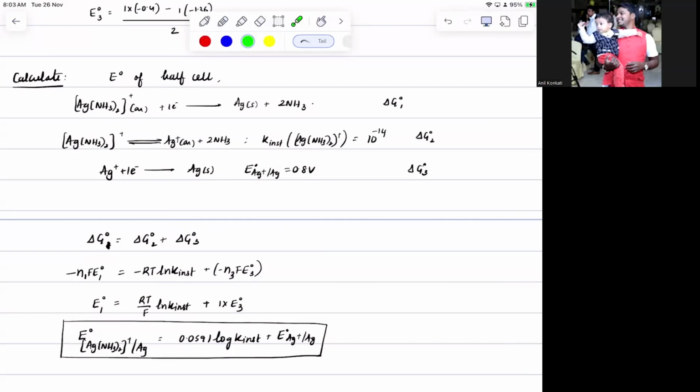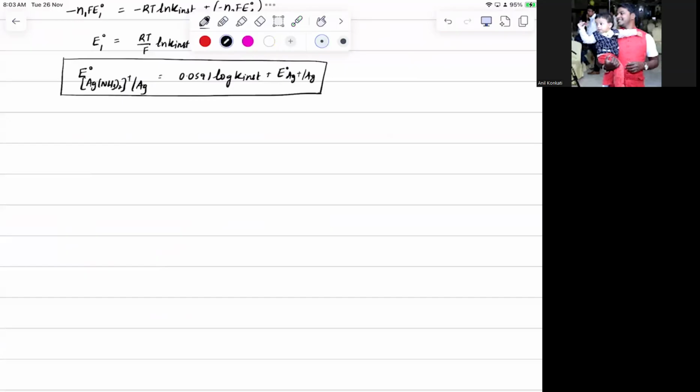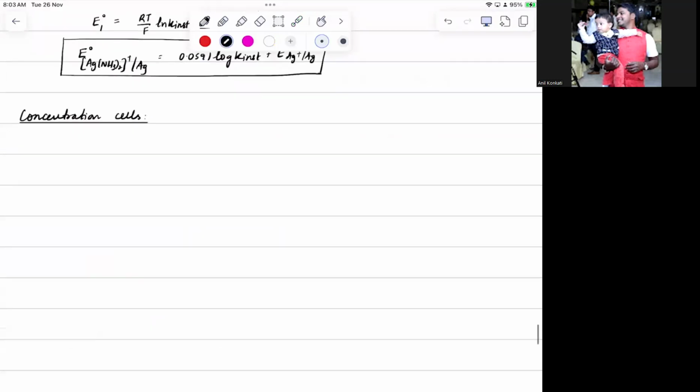Next thing we have to understand here is what are concentration cells. In a concentration cell, we use the terminology: there are two types of concentration cell.